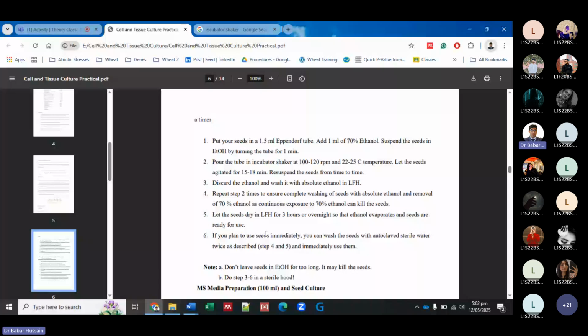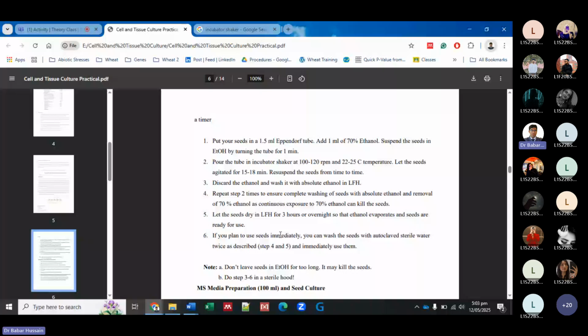For example, take a falcon tube, the seeds are there, put 100 microliter or 50 of water, autoclaved distilled water, and you can pick using a micro pipette. The water, your seeds will also come inside the blue tip. So from there you can drop them drop by drop on the media. For example, you are using petri dishes, drop them there.